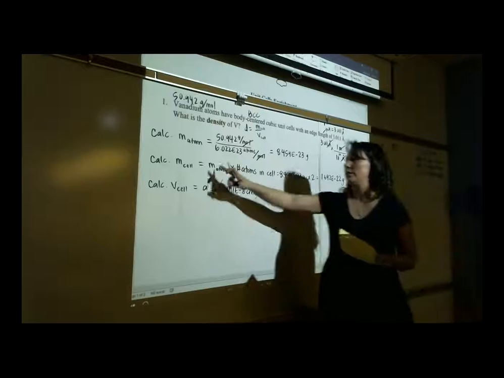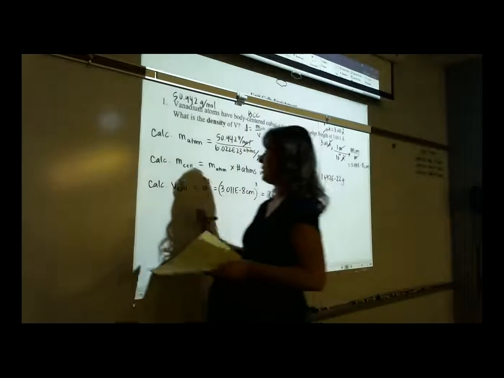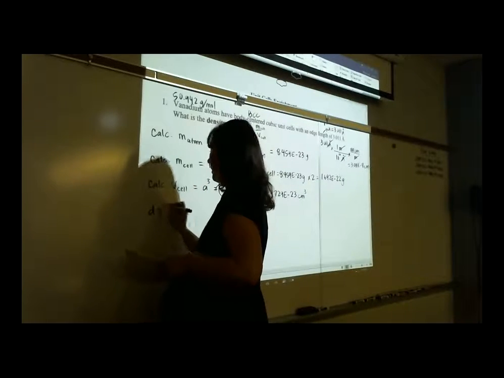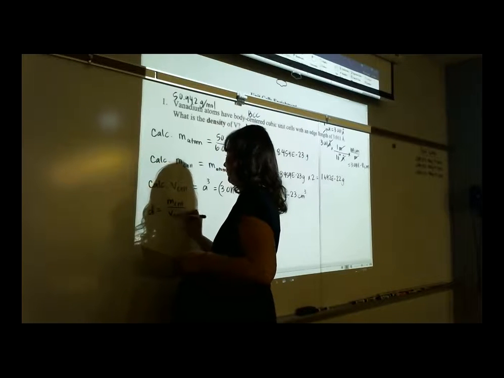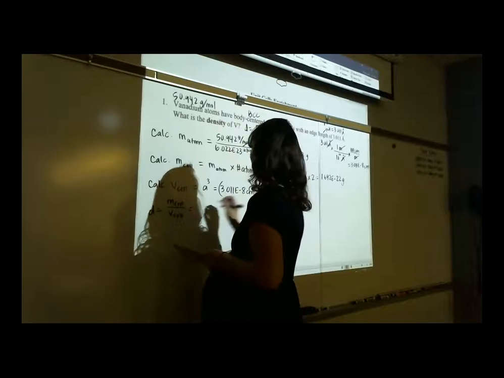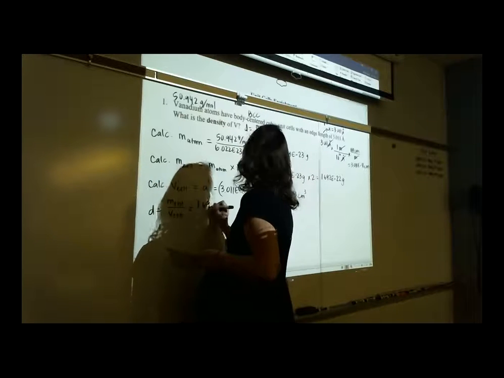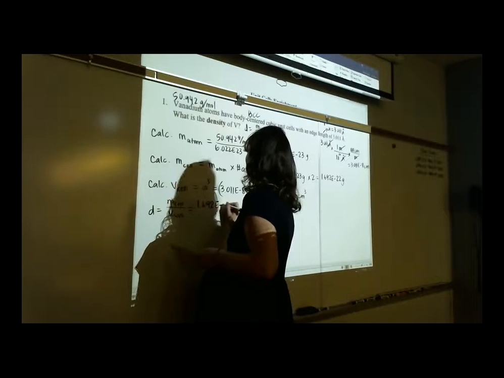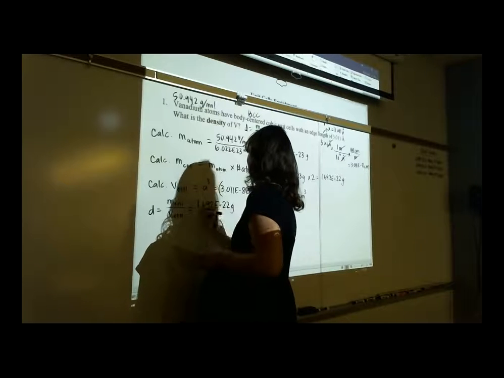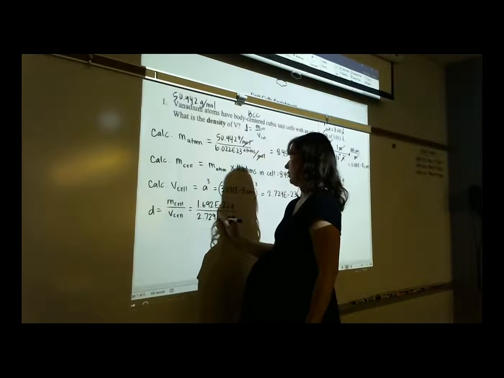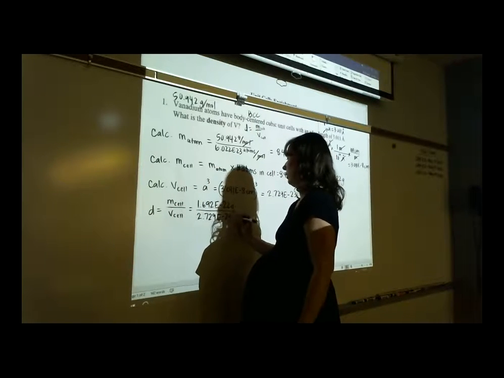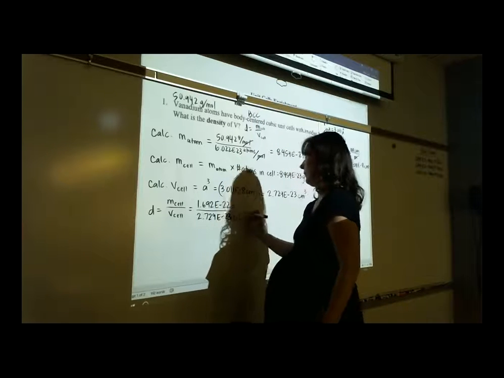Now we know the mass of the cell, we know the volume of the cell, so we can calculate density. So density is the mass of the cell divided by the volume of the cell. So 1.692 times 10 to the negative 22nd grams divided by 2.729 times 10 to the negative 23rd milliliters.